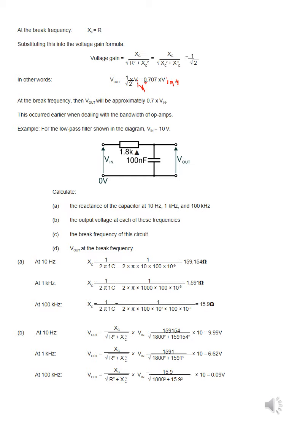Okay, so V out equals V in divided by root 2, or you can say V out is equal to 0.707 into V in. At the break frequency, V out will be approximately 0.7 into V in.